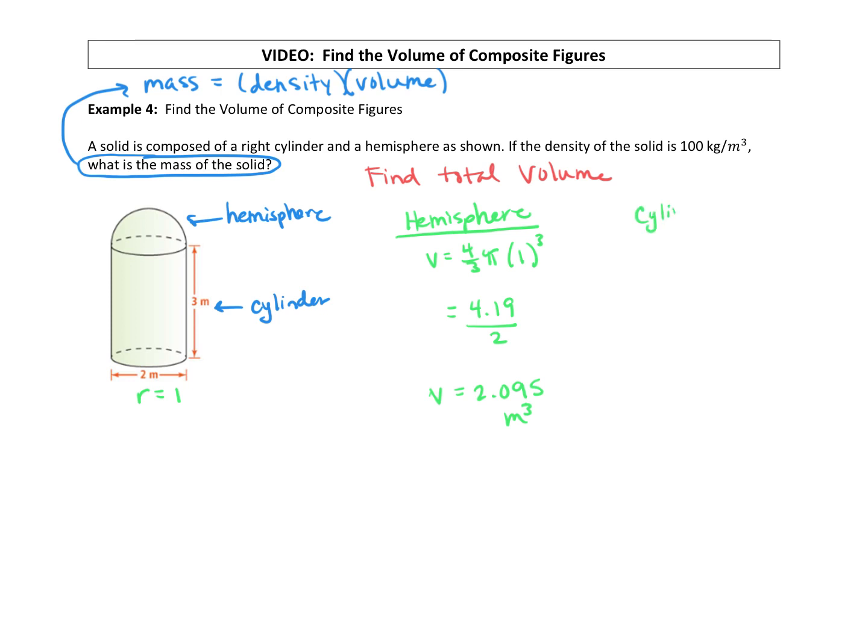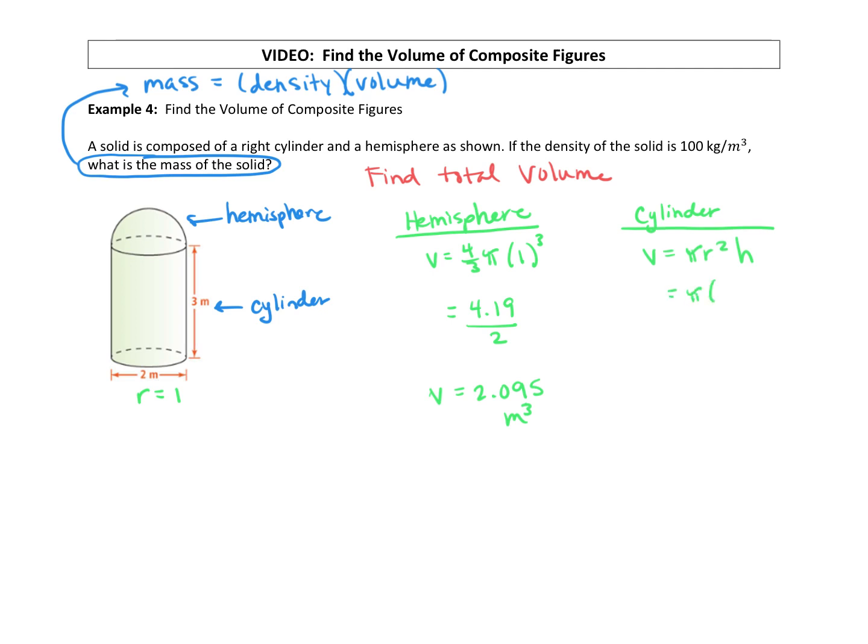We also have to find the volume of the cylinder. So that's from a previous lesson. You guys remember the volume formula for a cylinder? It's got 2 bases. So the volume formula is just the area of the base times the height. But what's special about a cylinder is the bases will always be circles. So the area of a circle, I'll just go ahead and write that in, pi r squared, and then we multiply that by the height of the cylinder. So we have already identified the radius of 1.